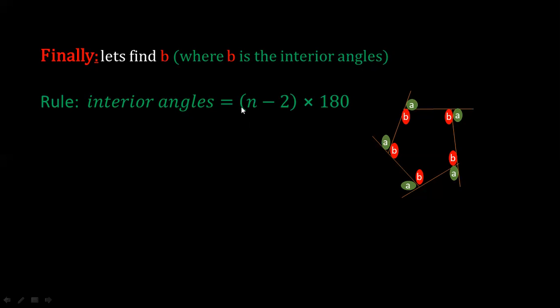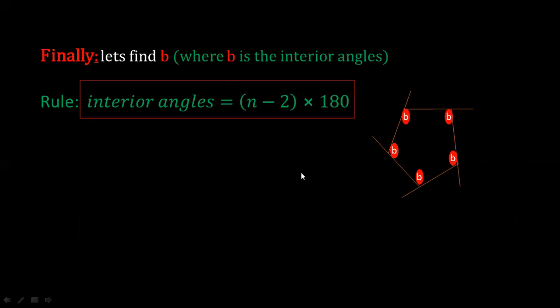We have the previous formula: interior angles equal n minus 2 multiplied by 180, and n is the number of sides. This formula lets us calculate the interior angle B. So let's substitute into this formula.